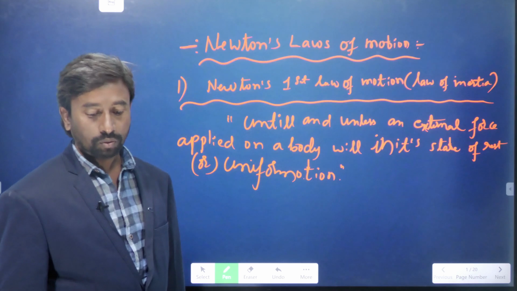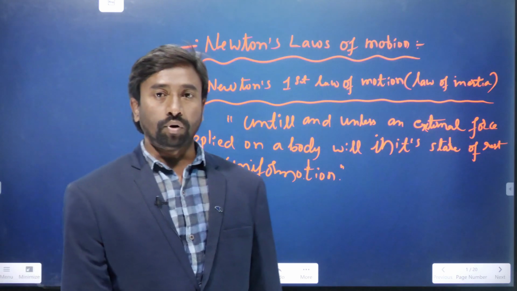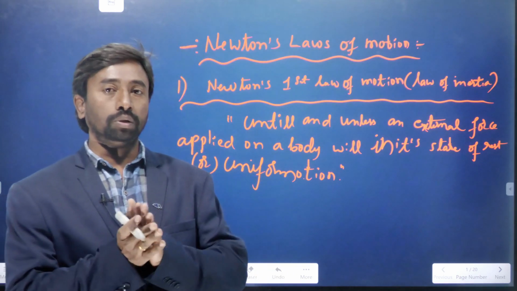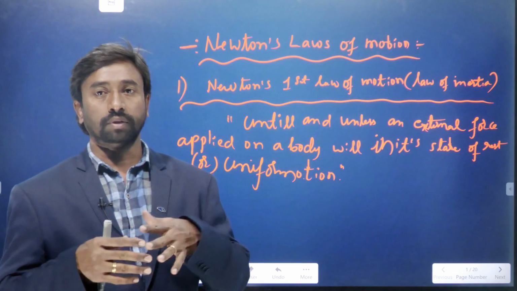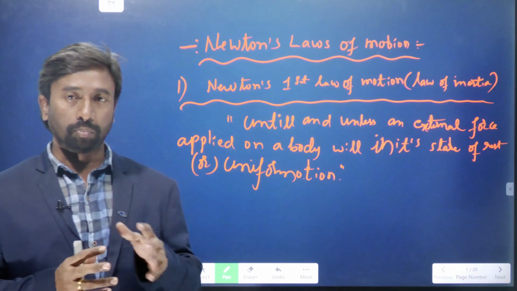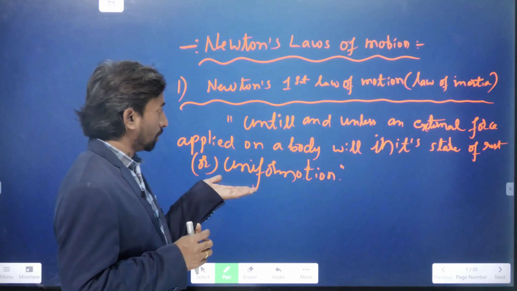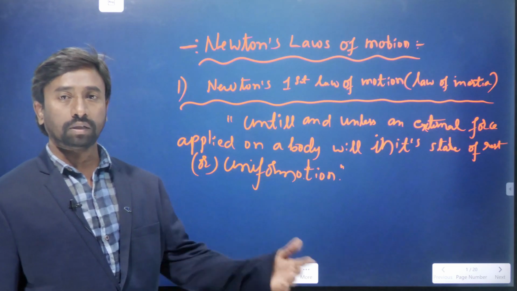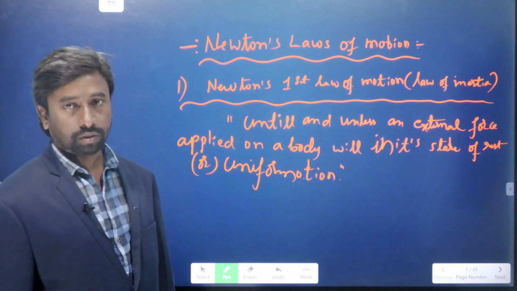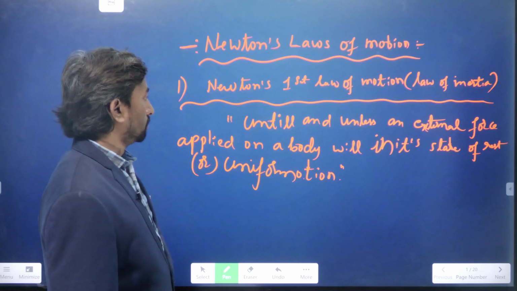So if a body comes into motion when a force is applied on it, or the body comes to rest if an external force is applied on it, then based on the applied force, the body either moves or stops.